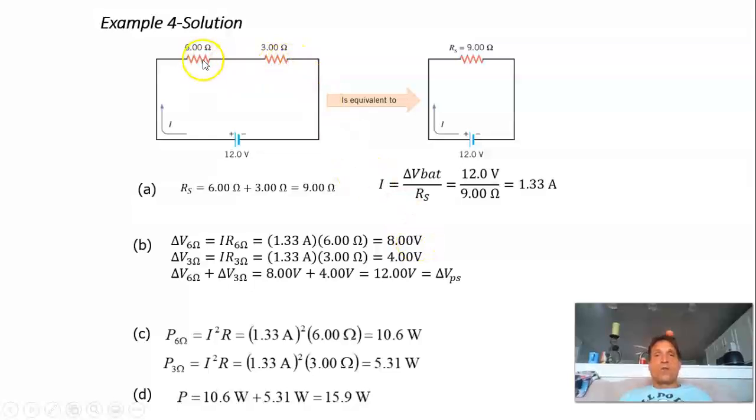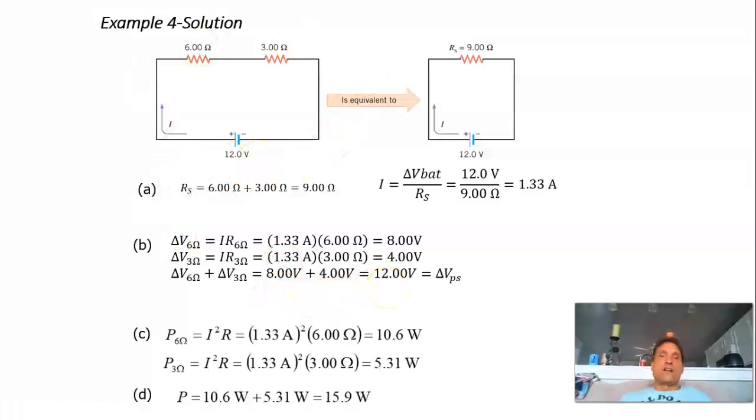The sum of the voltage drops is 8 volts plus 4 volts, which is 12 volts. That must equal what's gained in going across the power supply. In other words, the sum of the voltage changes must be 0. So we have some confidence that our answer is right because it's consistent with the loop law. This is always a good first check.